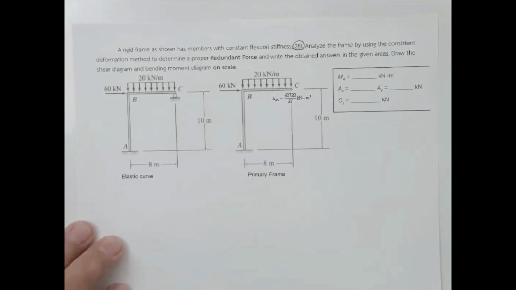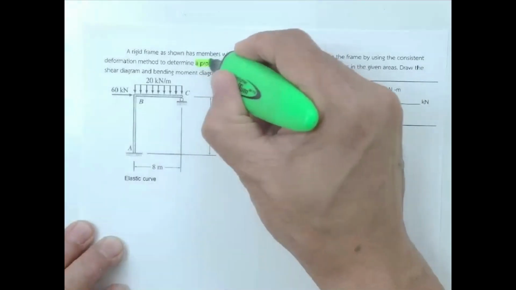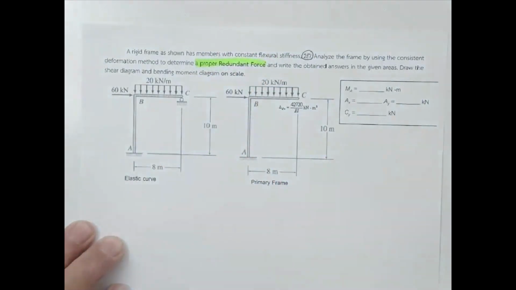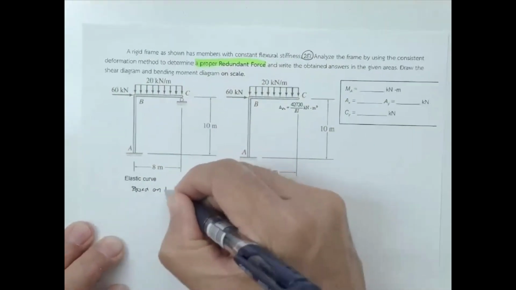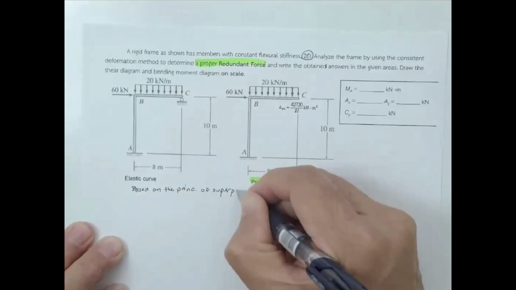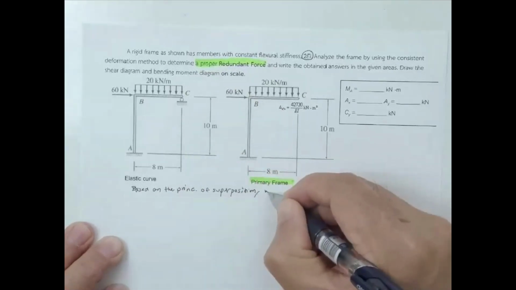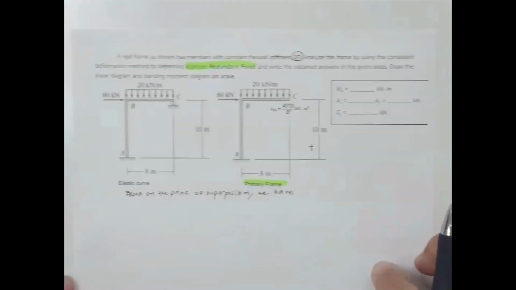Now, coming to this problem again, we're going to select the redundant force. The problem didn't say anything about the redundant force, but it said a proper redundant force and provides you with this primary frame. Again, based on the principle of superposition, we have this one plus the other frame.